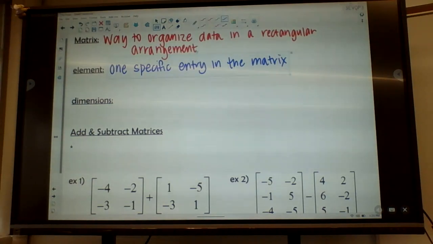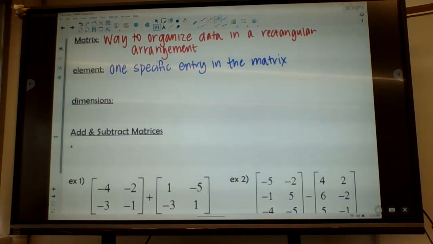Now the way a matrix is written is based off what we call dimensions. And just like anything that has a size to it, knowing that dimension is important. So if you go into Home Depot and want to buy a piece of lumber, you would say I want a 2x4. You would give that specific dimension. You wouldn't just walk in and say, I need a piece of wood in the department. You want to have that information.